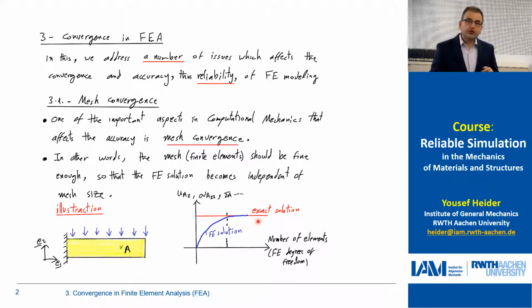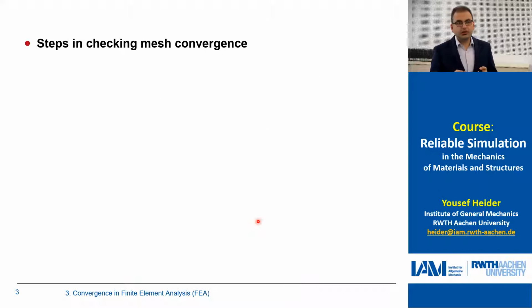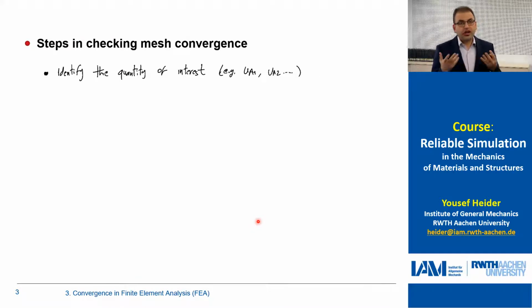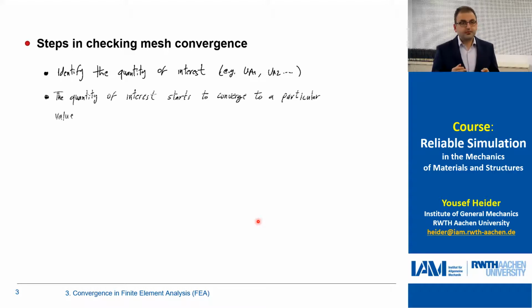In mesh refinement, there are certain steps which we can follow in our computation to make sure that mesh convergence is really applicable in our problem. The steps in checking the mesh convergence: first, we identify the quantity of interest. This could be the displacement, the strain, or the stress, and then the quantity of interest starts to converge to a particular value.